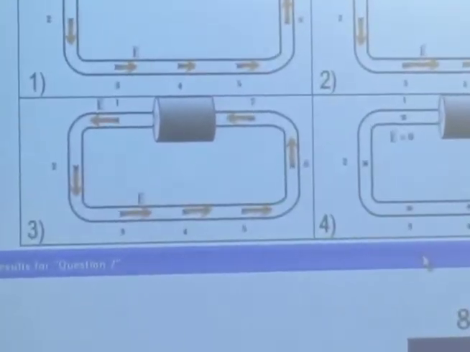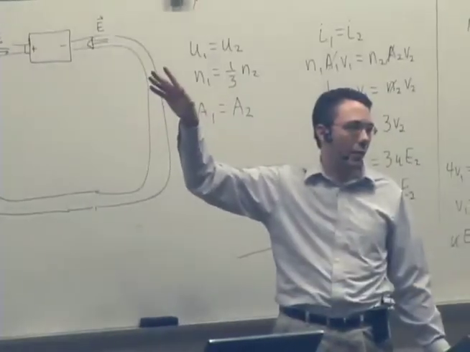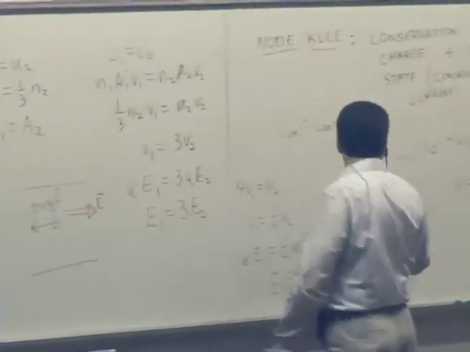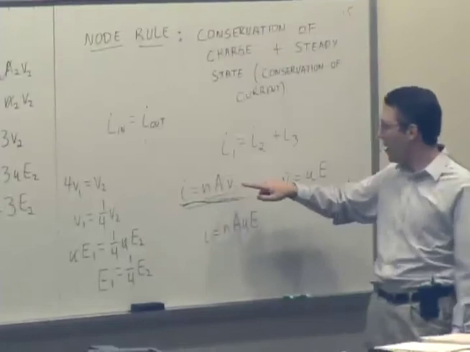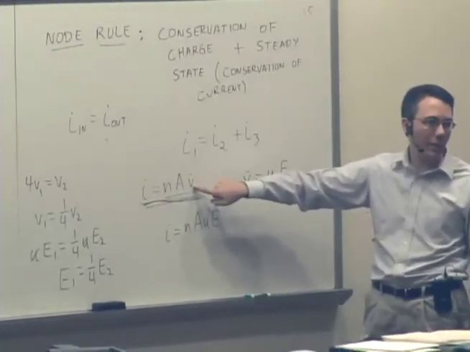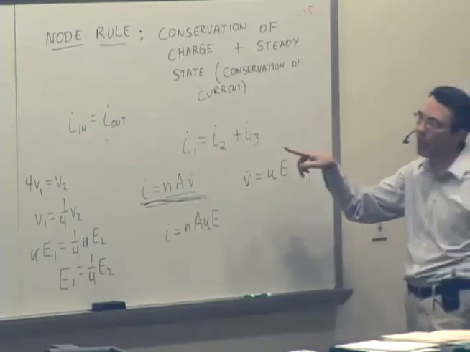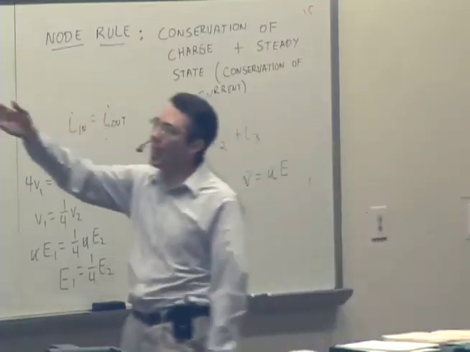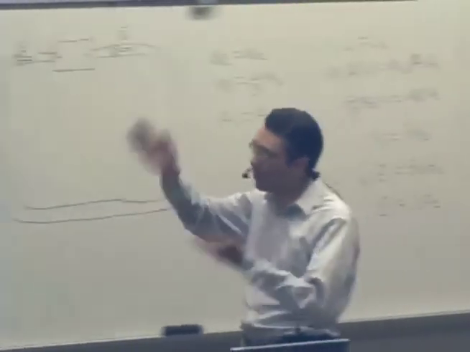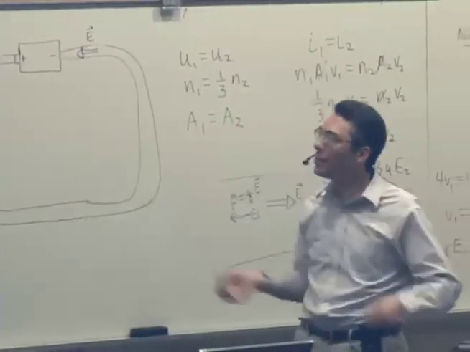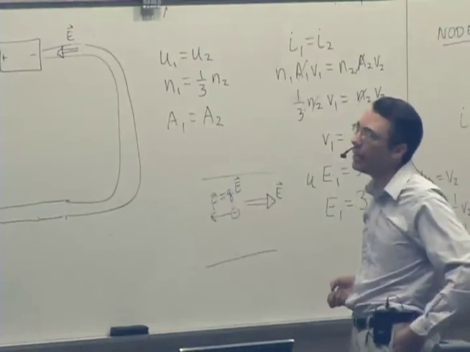Same magnitudes. We would expect that because in the steady state, the current should be the same everywhere in that wire, right? And if everything else is the same, n is the same, A is the same, that means v should be the same everywhere in that wire. And then from v equals uE, the electric field should be the same everywhere in that wire. And the electric field's got to point along the direction of the wire to drive the current in that direction, or namely drive the electrons in the opposite direction.